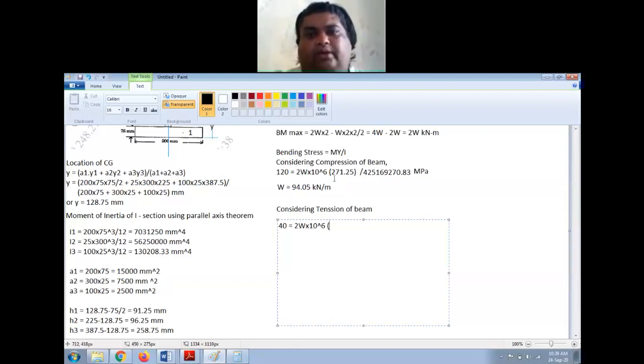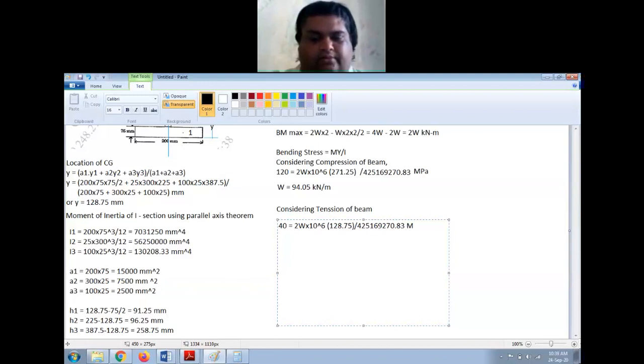Now what will be this Y? Y is this one only, because that is how I calculate from the CG. The bottommost fiber is 128.75 divided by 425169270.83.